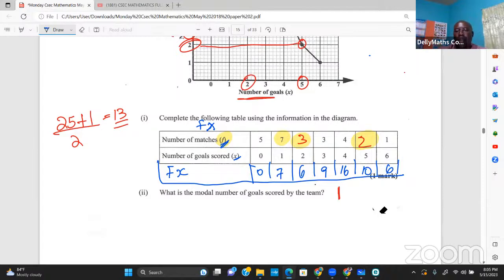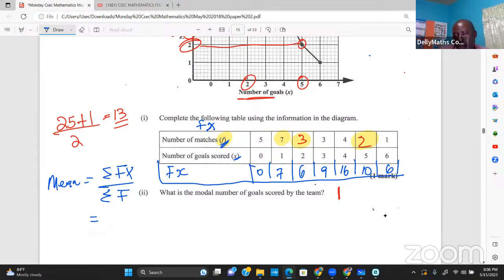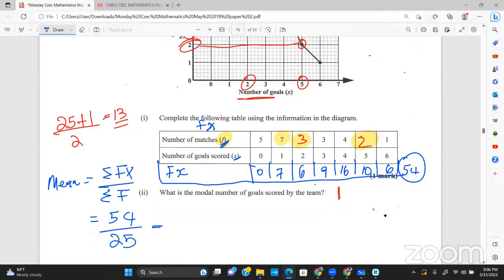All right. So we want to find the total for that. Remember that the mean is the sum of the fx over the sum of f. So let's add up all those fx. 54. How much you got? 54. 54. Let me put it at the end right here. It's 54. So this is going to be 54 over how many? 25. 54 divided by 25, and we're getting 2.16.